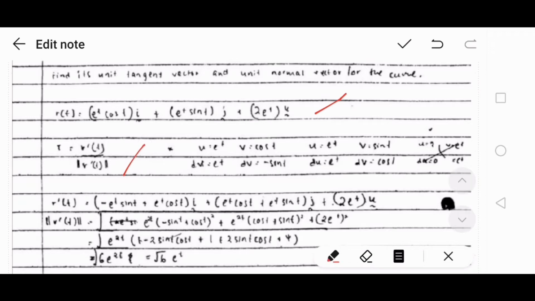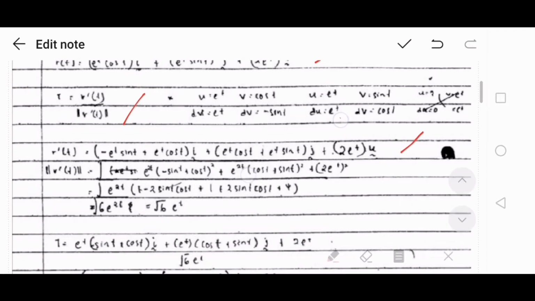First, we must differentiate r(t), and then we get this one: negative e power of t sin t plus e power of t cos t i plus e power of t cos t plus e power of t sin t j plus 2e power of t k.